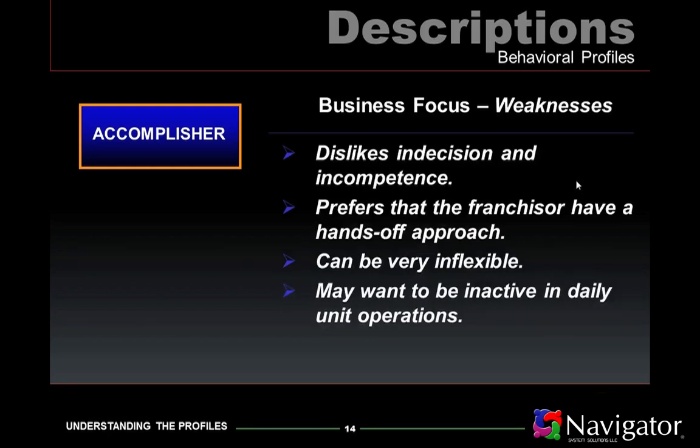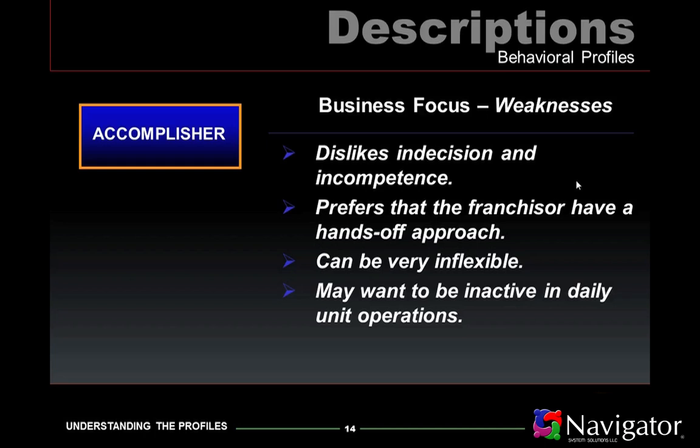From a weakness standpoint, they dislike indecision and incompetence of any kind from anybody. Again, remember, low tolerance. They prefer in a franchise that the franchisor have a hands-off approach, give them the information, teach them how to run the business, and stand back.